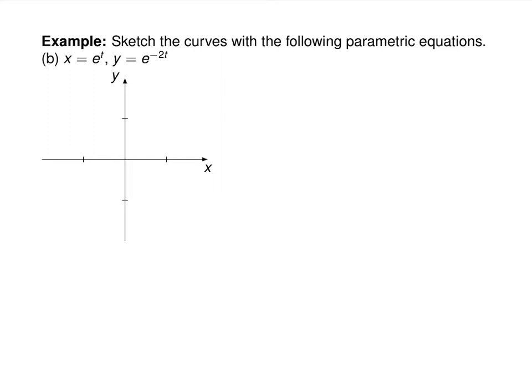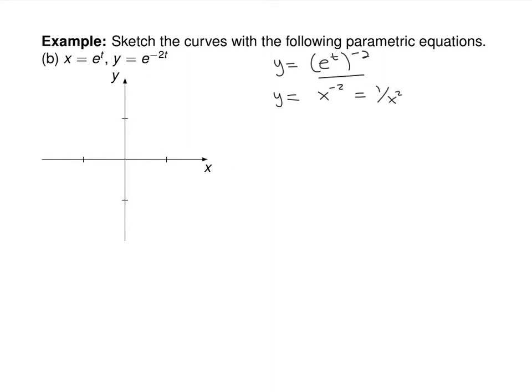So the thing to notice here is that y is the same thing as e to the t to the power of -2. So the reason that's true is that these exponents multiply, giving you back e to the -2t. And e to the t is x, so this is the same thing as x to the -2, or 1 over x squared.